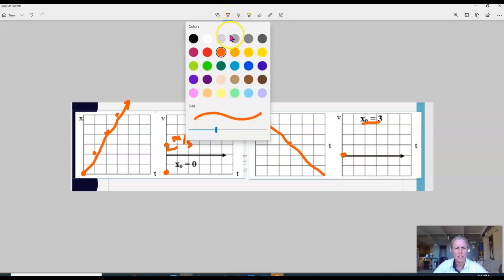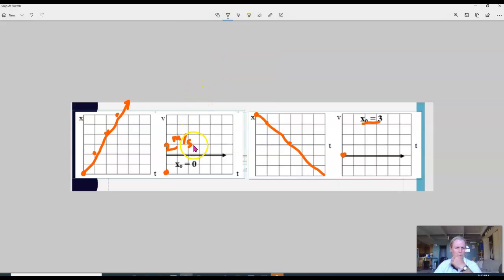Now something we had talked about a little bit in class is there's other information you can get from a velocity time graph, because velocity equals your change in position, or your displacement, over your change in time. That's our equation we got in class. Well, what if I want delta x? I did a little algebra move, and delta x equals my velocity times delta t. The coolest thing is the algebra works and the physics works too.